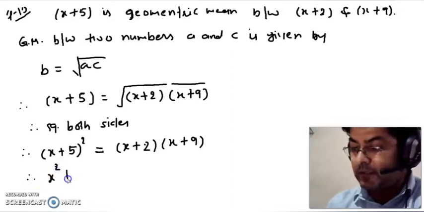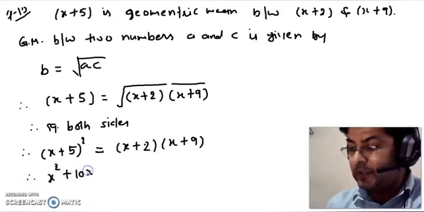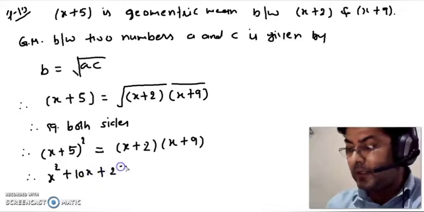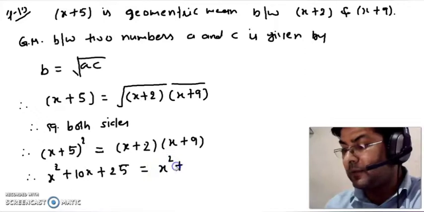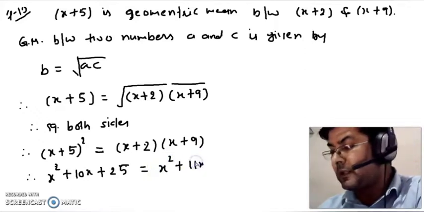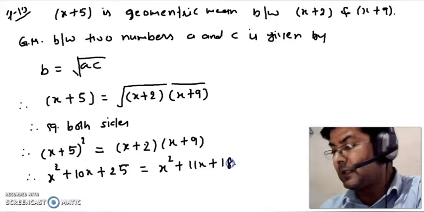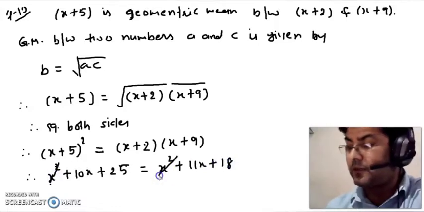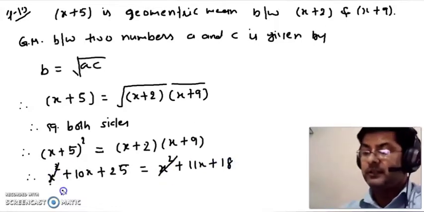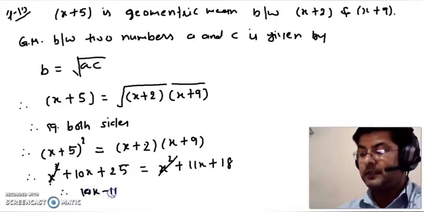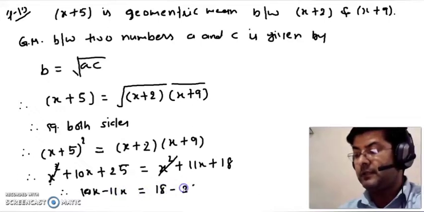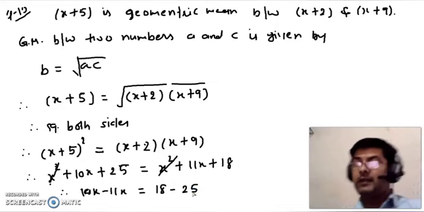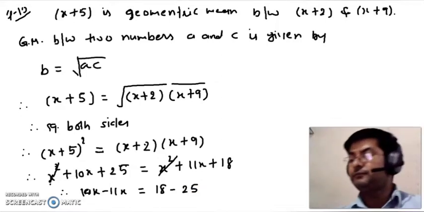Therefore, x square plus 10x plus 25 is equal to x square plus 11x plus 18. Now we can reduce this x square on both the sides, and therefore we have 10x minus 11x is equal to 18 minus 25.